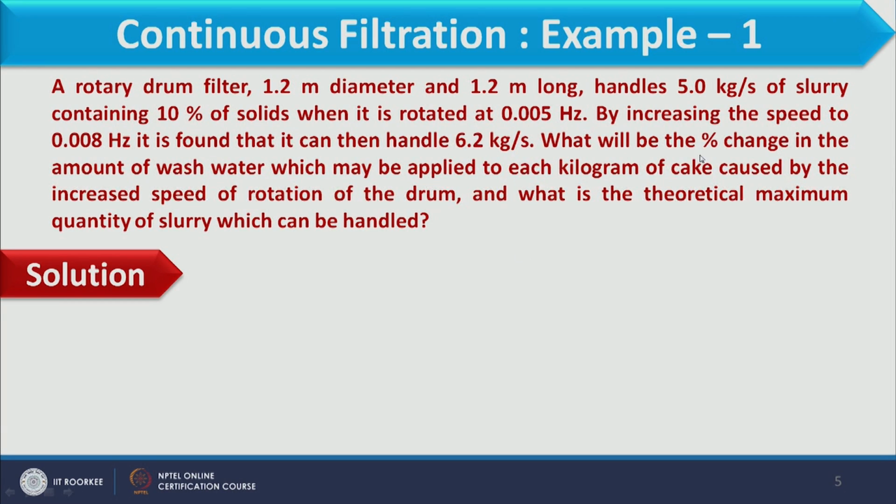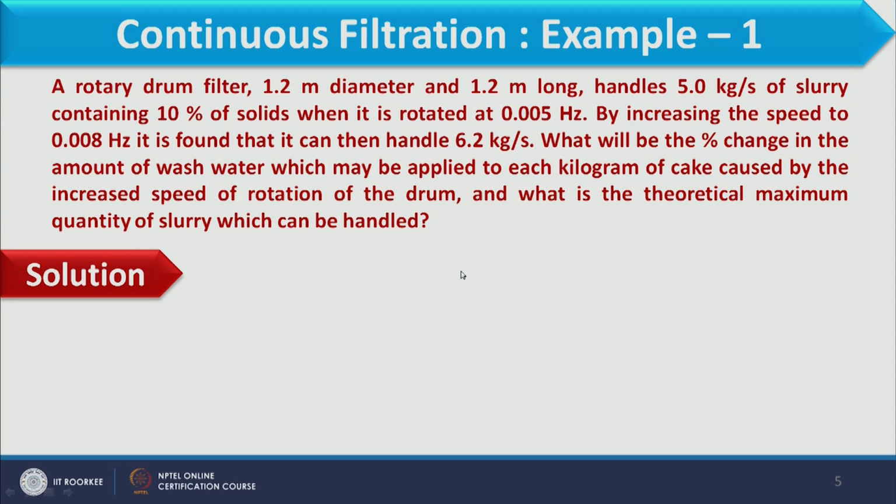What we have to calculate is the percent change in the amount of wash water which may be applied to each kg of cake caused by the increased speed of rotation of the drum, and what is the theoretical maximum quantity of slurry which can be handled. So what we have to find is the amount of wash water.